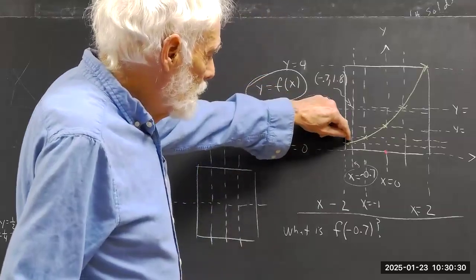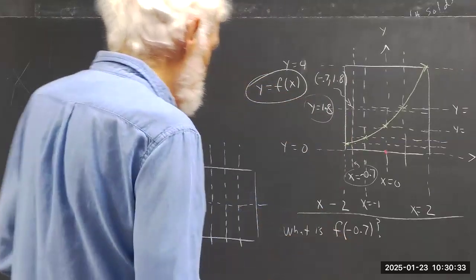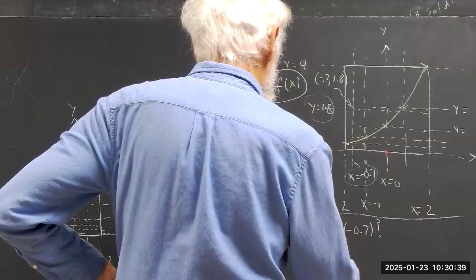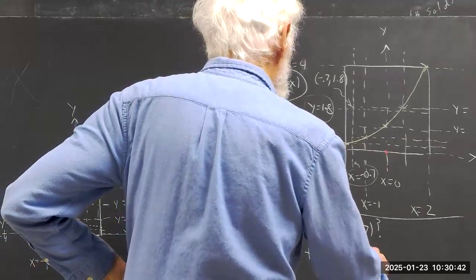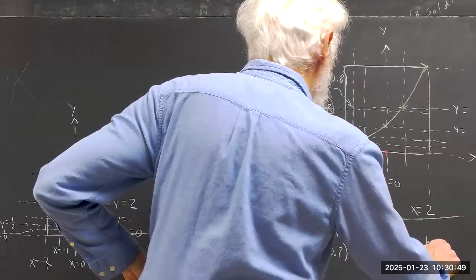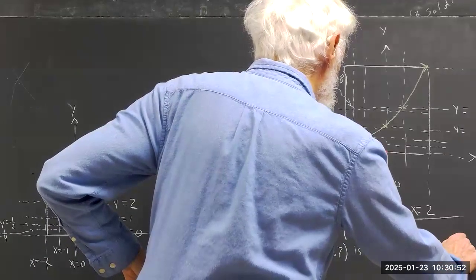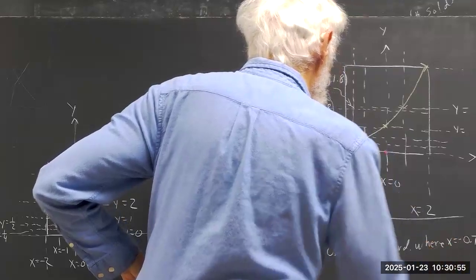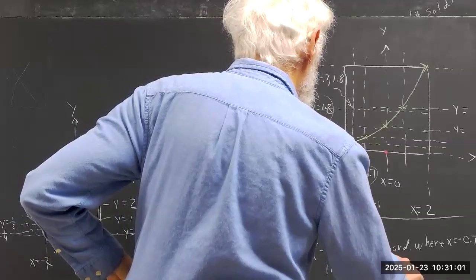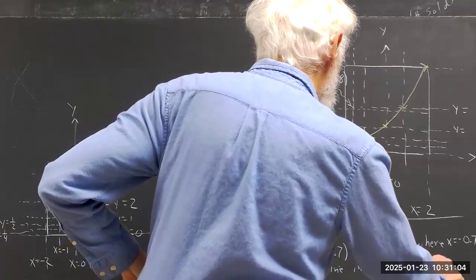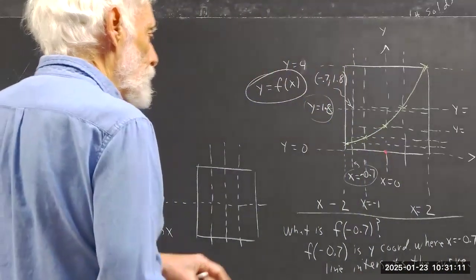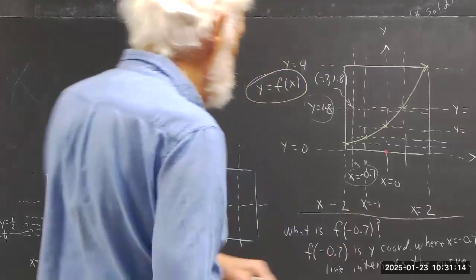Okay, so we say that, well, that's the point where it's where the x equals -0.7 line intersects the curve.